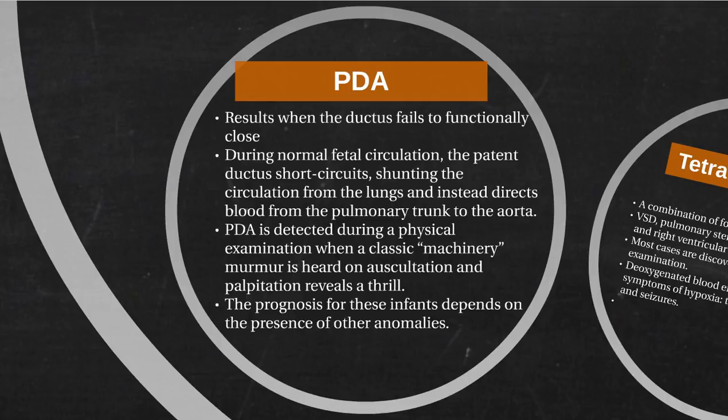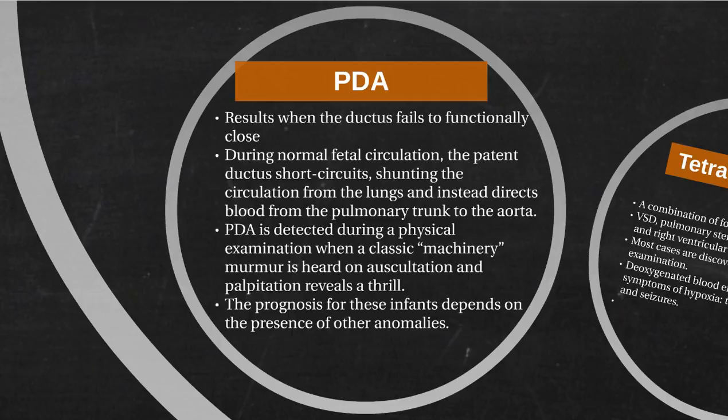So with PDA babies, one of the ducts doesn't close right, and then they have some issues with blood shunting back and forth to places it shouldn't be. So during normal fetal circulation, the patent ductus short circuits, shunting the circulation from the lungs, and instead directs blood from the pulmonary trunk to the aorta, instead of from the pulmonary trunk back into the atrium.